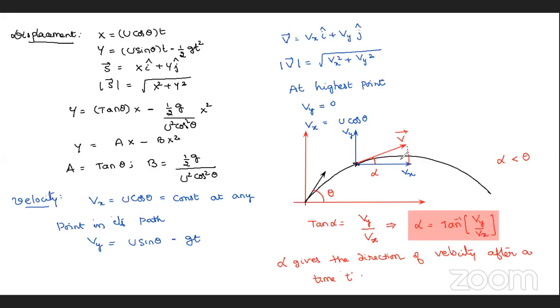Moving to the next page. At the highest point, what you told, I'm going to write here. At the highest point, alpha equals 0 degrees. 0 degrees means here that V bar comes along x-axis or y-axis? If alpha equals 0, x, very good.